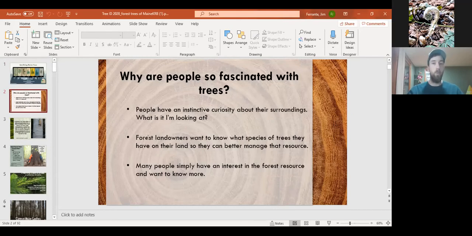They want to learn about what's around them. And from a planning point, if you do own land, you want to know what you have to work with. Understanding the composition of species on your property is really key to managing it well. And then it's just that curiosity factor that drives our society, really.